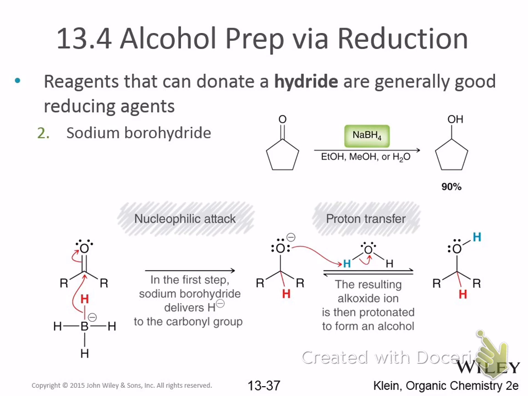Now, a little side note. Periodic table: there's boron, and there's aluminum. Which one's more electronegative, boron or aluminum? Boron.